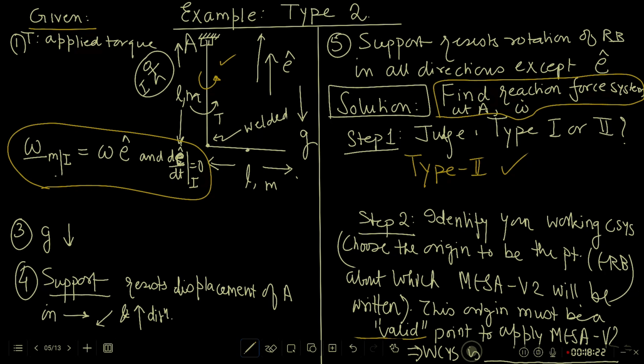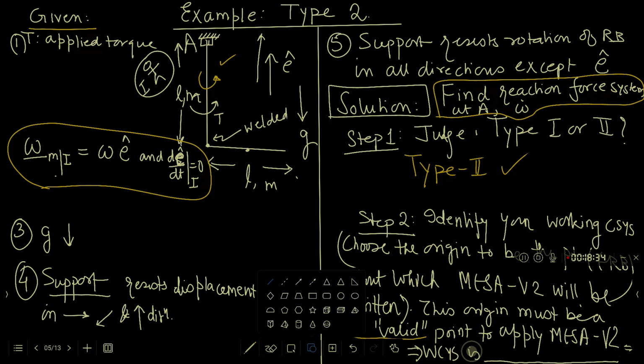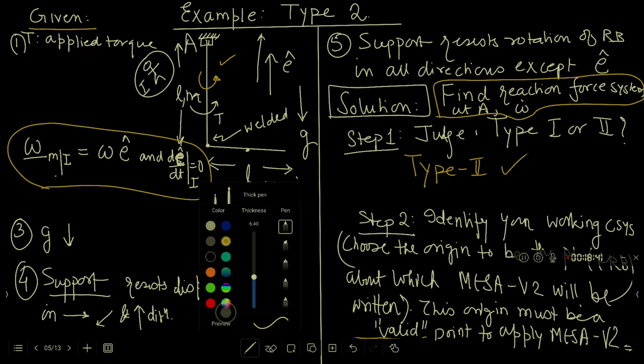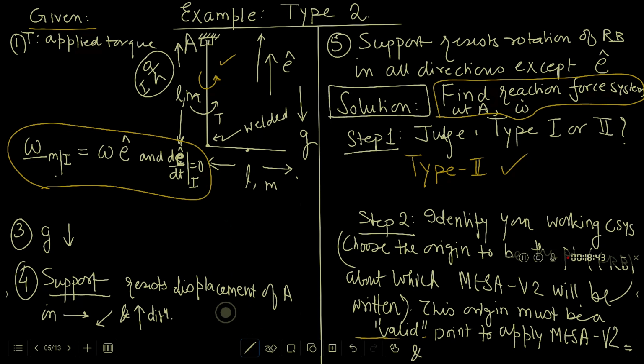So the working coordinate system that I am going to use here is, and also the axis should be valid. One more line. And axis of WSys should be fixed, should be RB fixed, and E3 should be E hat.